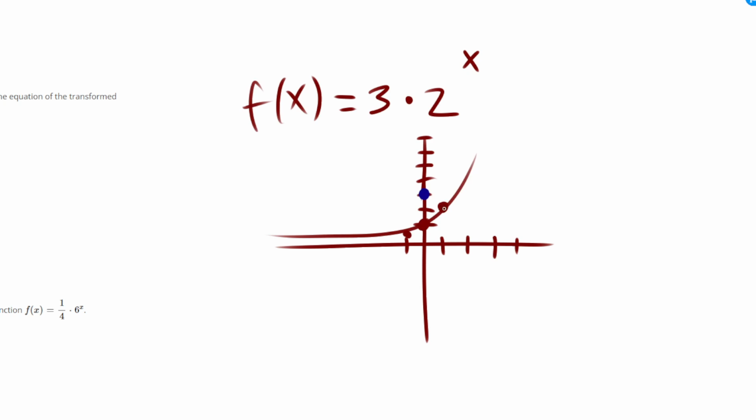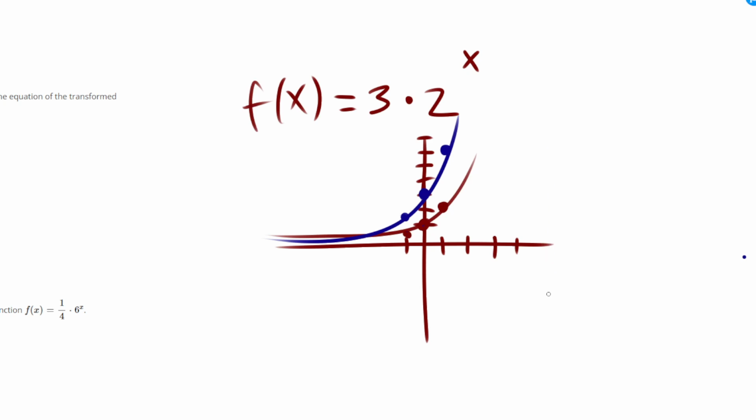This will turn into 6, because 2 times 3. And this will turn into, so 1/2 times 3 is 3/2. So it actually moves up a bit. Yeah, so it does. It goes from 1/2 to 3/2, which is a little more than 1. So our new graph is going to look like this instead.